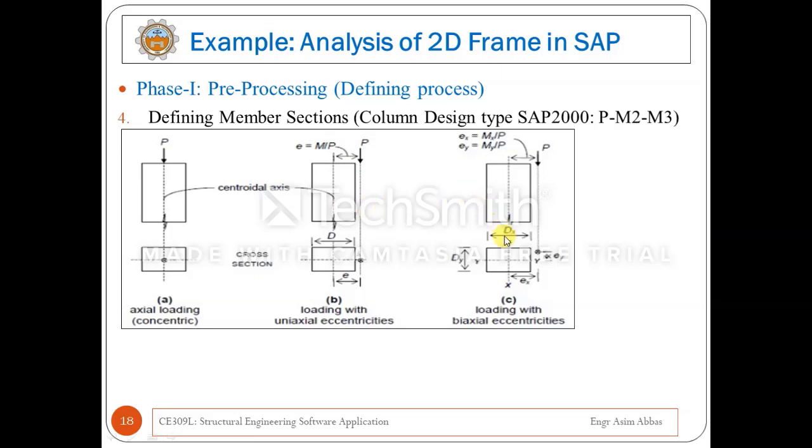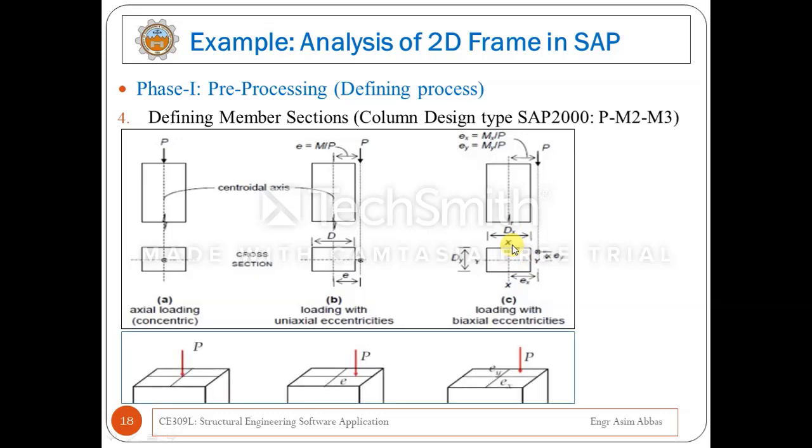Type 3 column is the column loaded with biaxial eccentricity, where the load is applied eccentrically along x and y direction. This type of column is subjected to the axial load P and two bending moments, in the direction of M2 and M3.